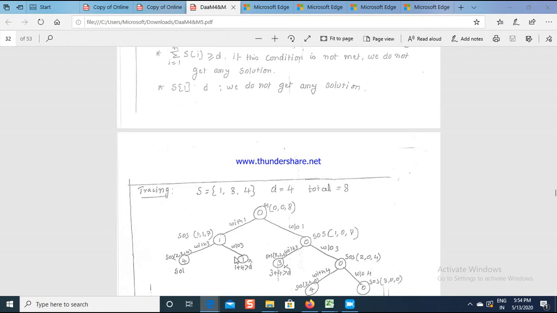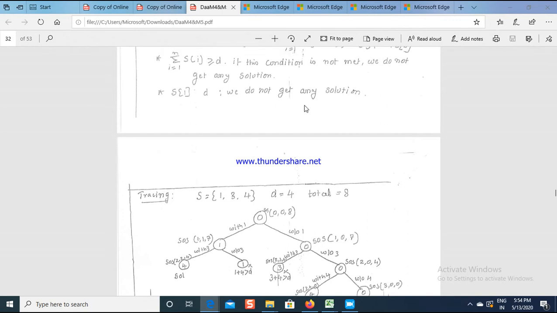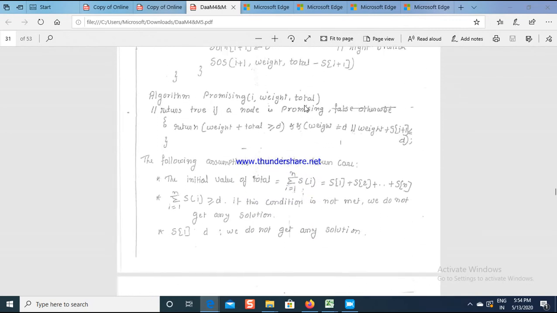Here I have not continued, here I have not continued, here I have not continued. So that is what this promising function will tell us: whether I need to go for the left and right branch or I need to stop. It will indicate whether it is a dead vertex or not.